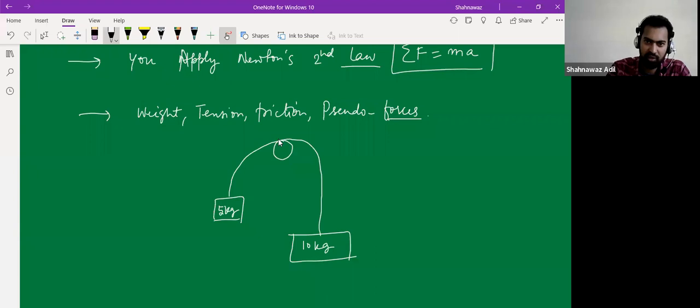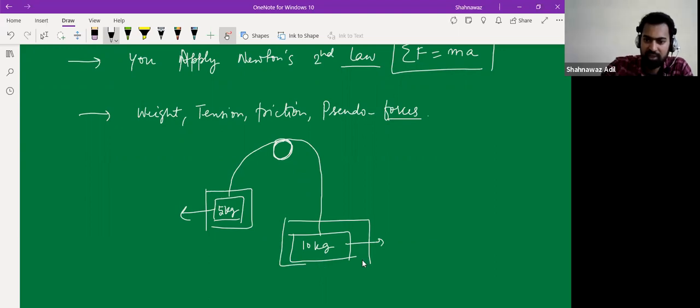So this is a frictionless pulley, right? So how many forces will act on this part and how many forces will act on this part, right? We have to dissect each block separately, right?